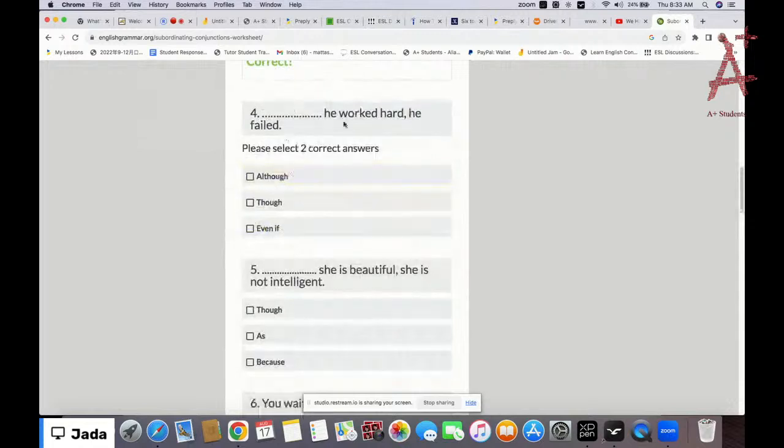All right, dash he worked hard, he failed. So is it although, or even if? Although he worked hard, though he worked hard, even if. So what's going to be our answer? Is it going to be although, though, even if?